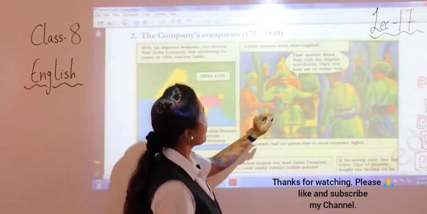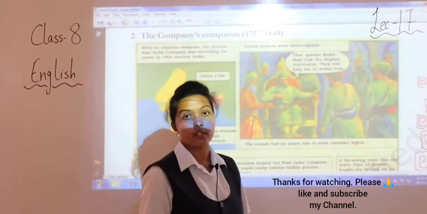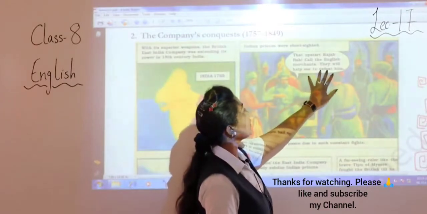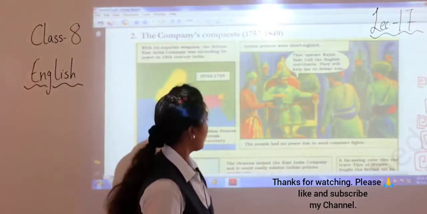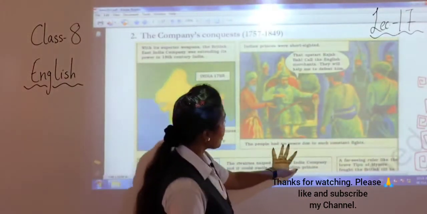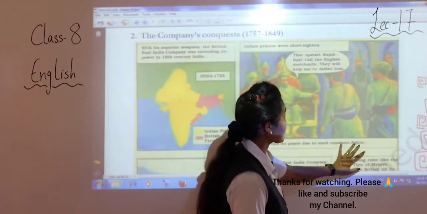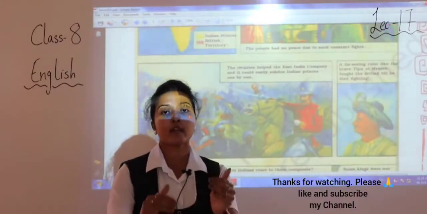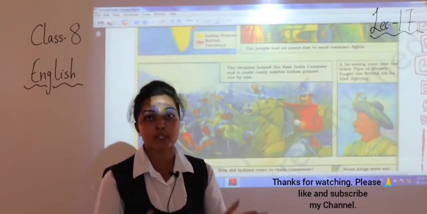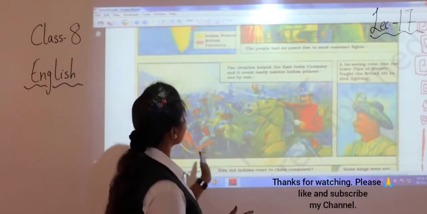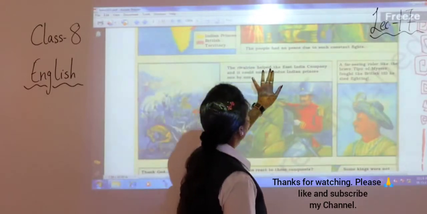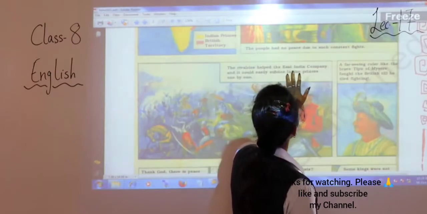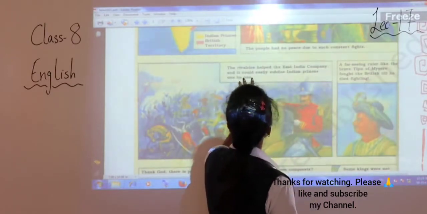He calls the Britishers to help defeat him. The people had no peace due to such constant fighting, fight after fight. The rivalries helped the East India Company, and it could easily subdue Indian princes one by one.